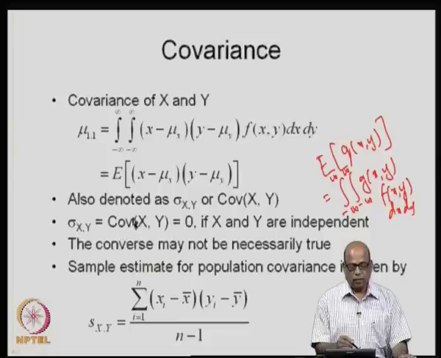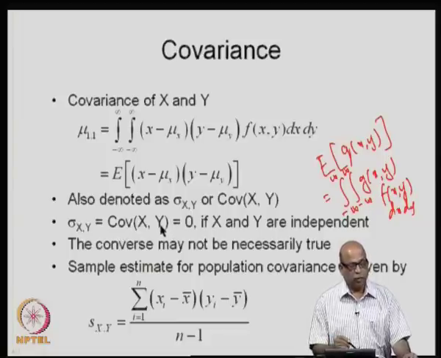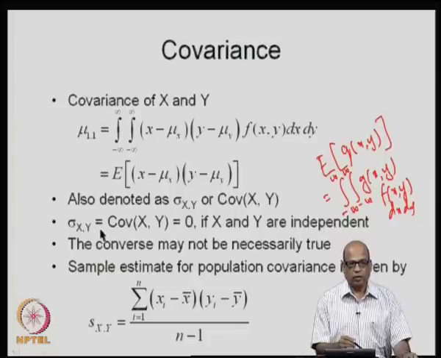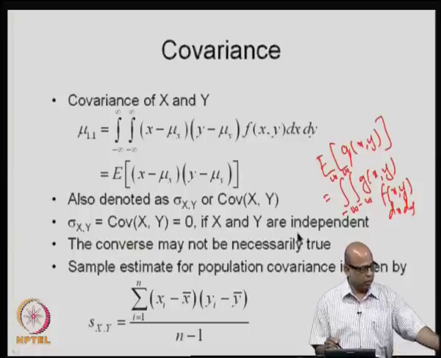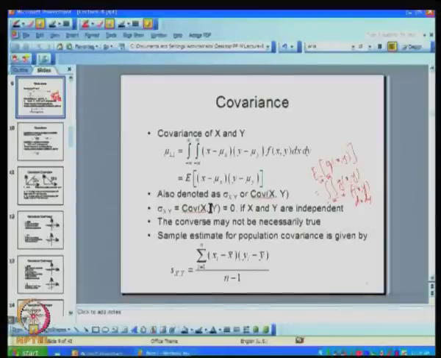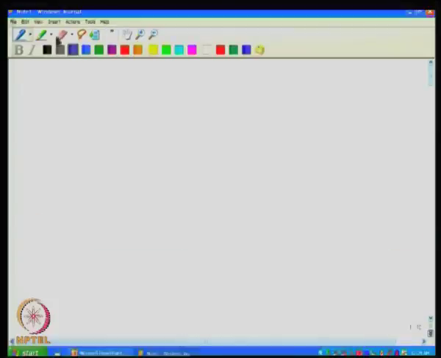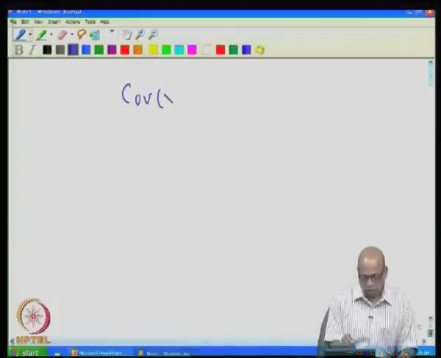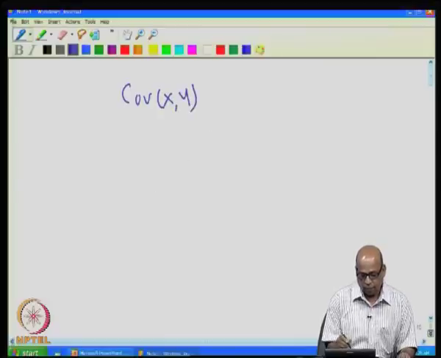Remember from your earlier single dimension random variables, we can show that sigma x y is equal to 0 if x and y are independent. How do we show that? We will come back to this problem. That is, we are saying that the covariance of x comma y, or sigma x y.